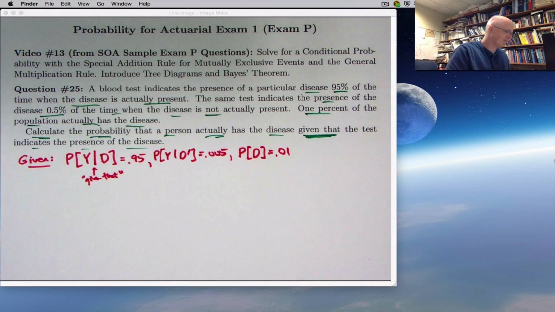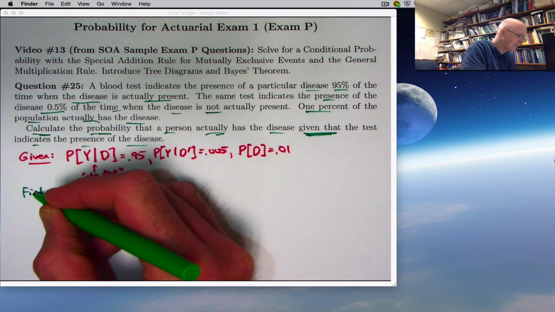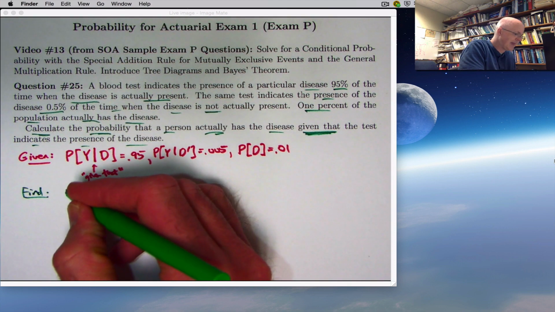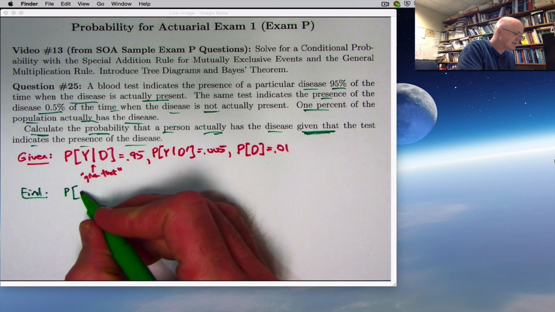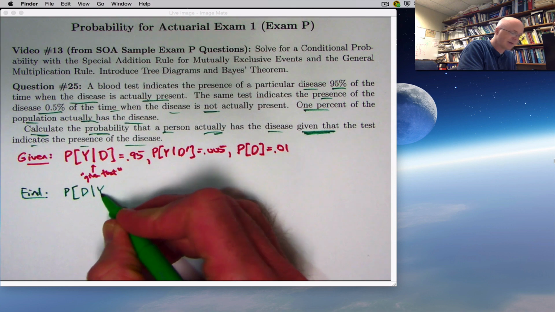What do we want to find? We want to find another conditional probability. Remember I said pretend you're going into the doctor, getting this test done, and the test comes back, yes, you have the disease. It comes back positive. What are the chances that you really have the disease? That's a conditional probability where the positive result and the disease are switched around. What is the conditional probability of having the disease given that the test comes back positive?